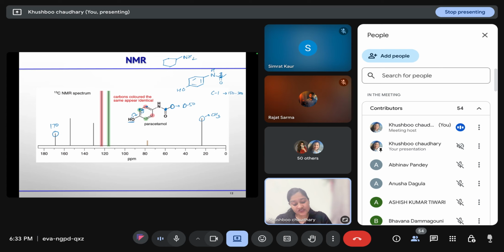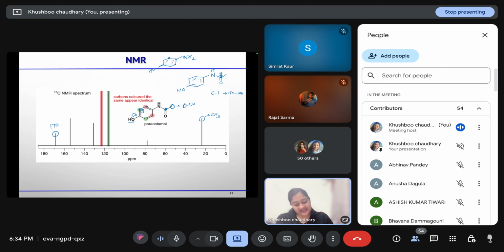If here we have NH2 and here we have OH, then the positions ortho to the NH2 will be more shielded, because the lone pair donating power of nitrogen is more than that of oxygen because of its lower electronegativity.